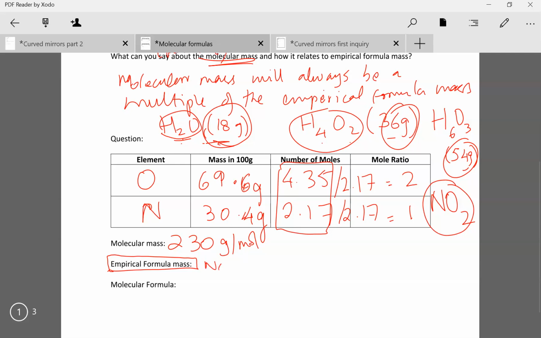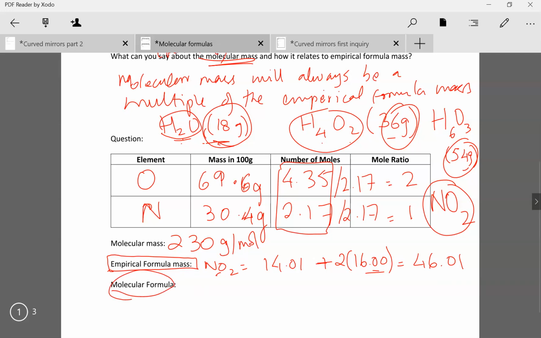So you take NO2 and you're saying, okay, nitrogen is 14.01 from the periodic table plus 2 times 16.00, which is the oxygen from the periodic table. So if I do that calculation, I get 46.01.